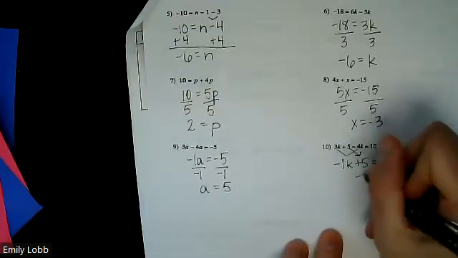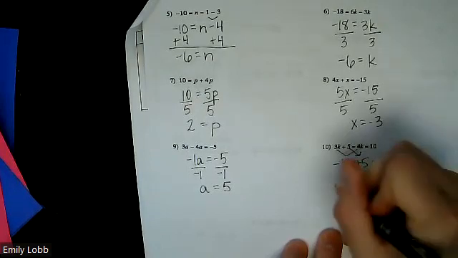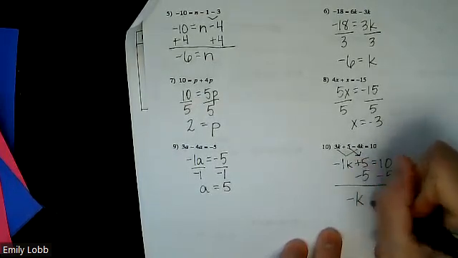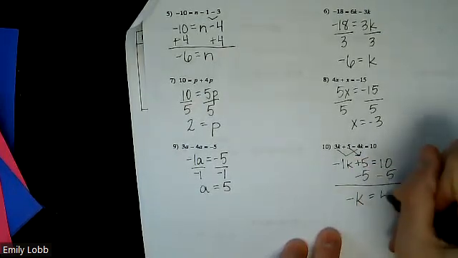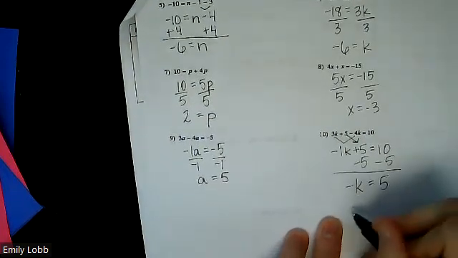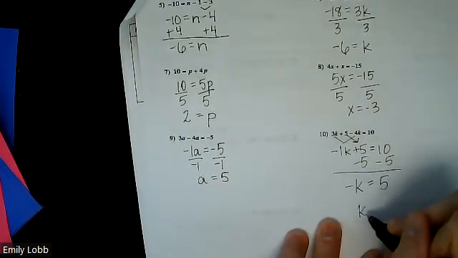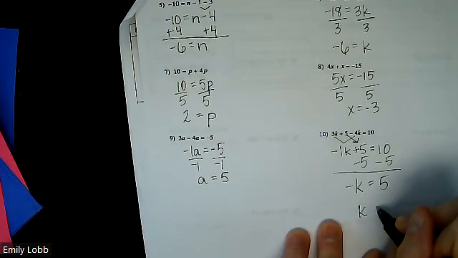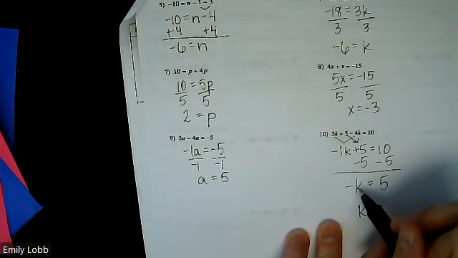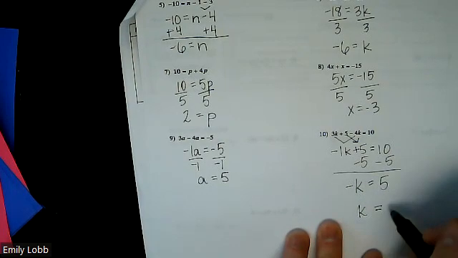Yep, subtract 5 from both sides. So negative k is equal to 5. Then I could change them. I could multiply both sides by negative 1. I could divide both sides by negative 1. Or I could know that if the opposite of k is 5, then k is the opposite of 5.